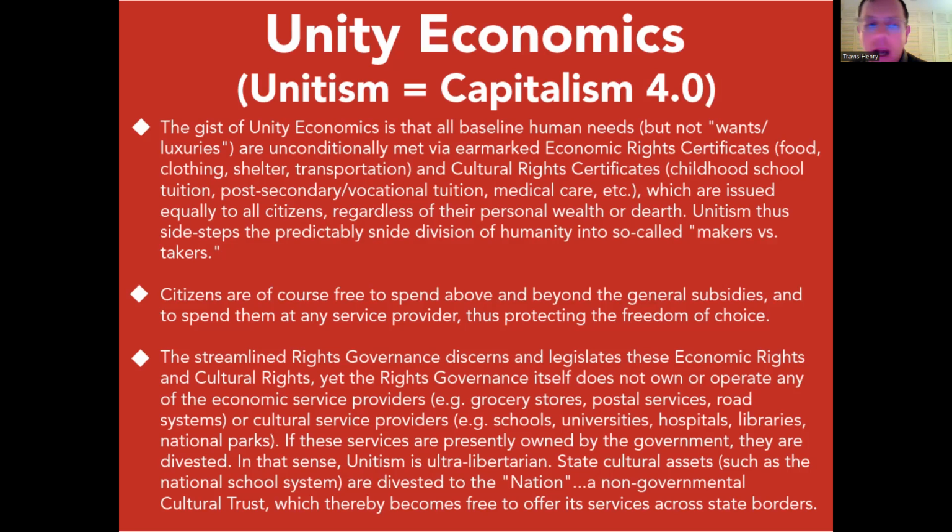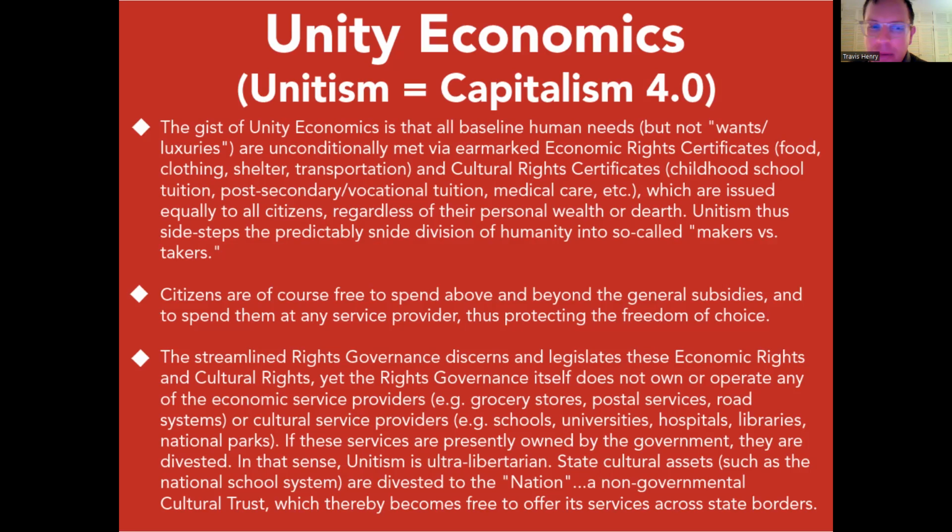I mean college or vocational tuition, which would be a huge deal in America, given the rising tuition rates and the student debt. These are issued equally to all citizens, regardless of their personal wealth or dearth.